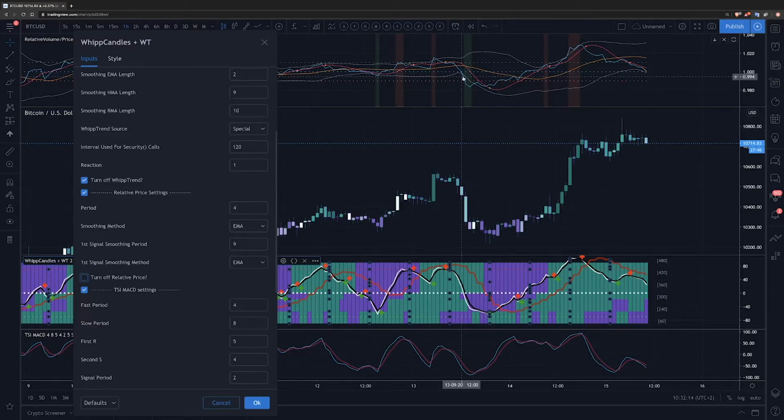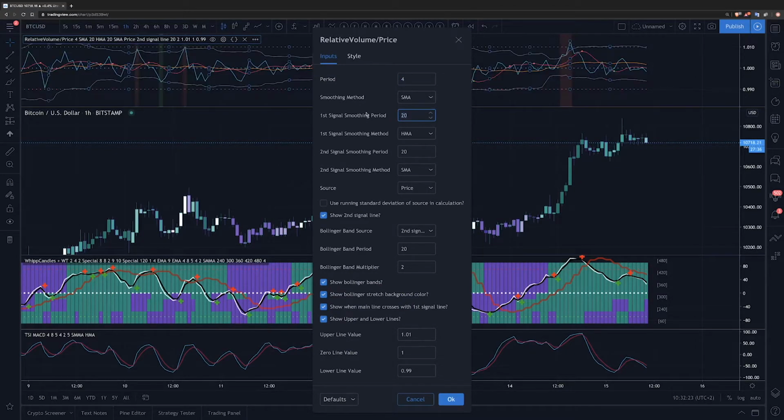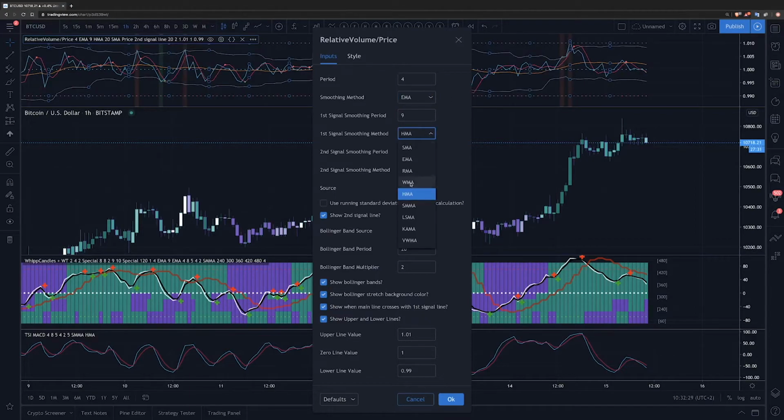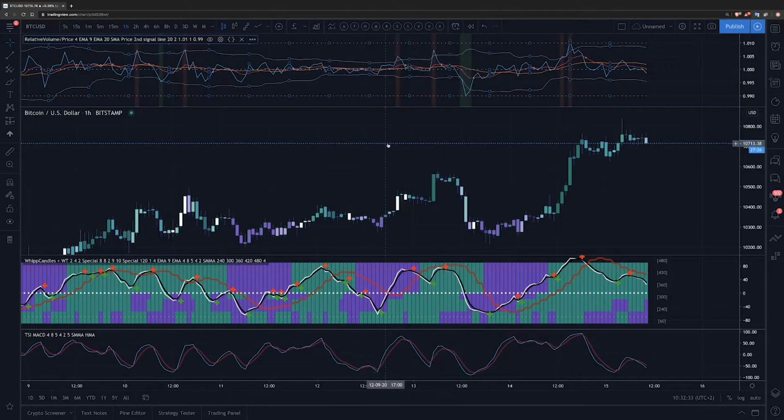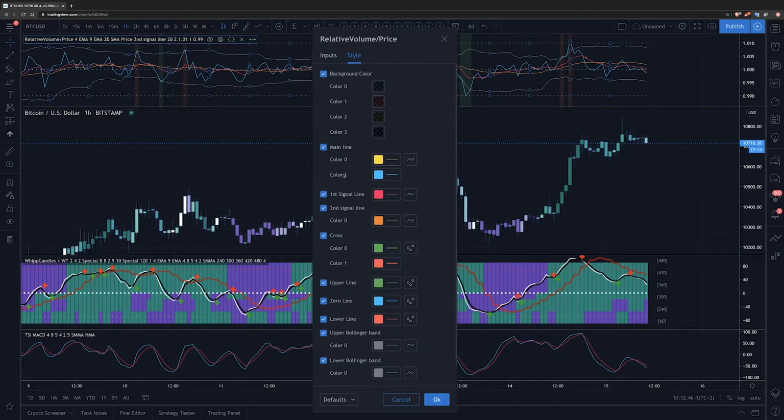So if we go to this, we need it to be 4 and 9 on EMAs. So if we go to 4 and 9, and we change those to EMA. Okay, so with the RVOL settings of 4 EMA, 9 EMA, let's change the second signal line off.